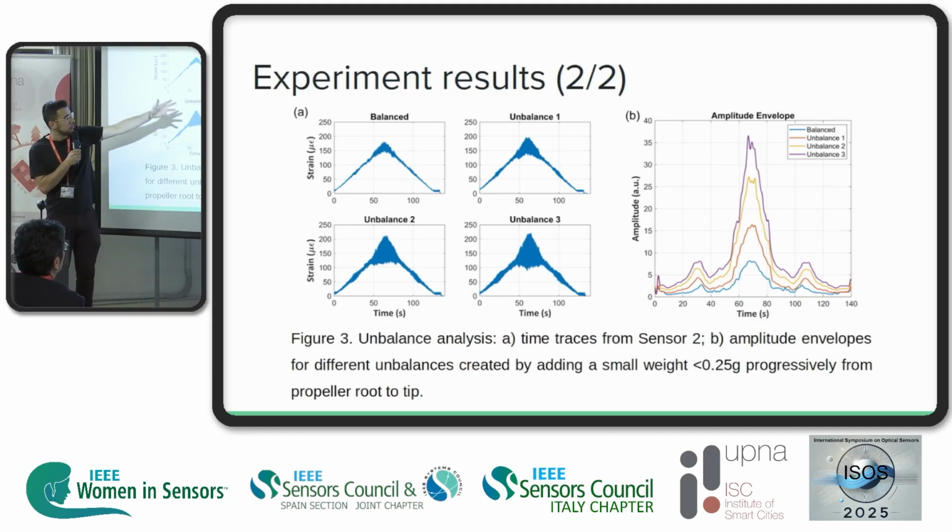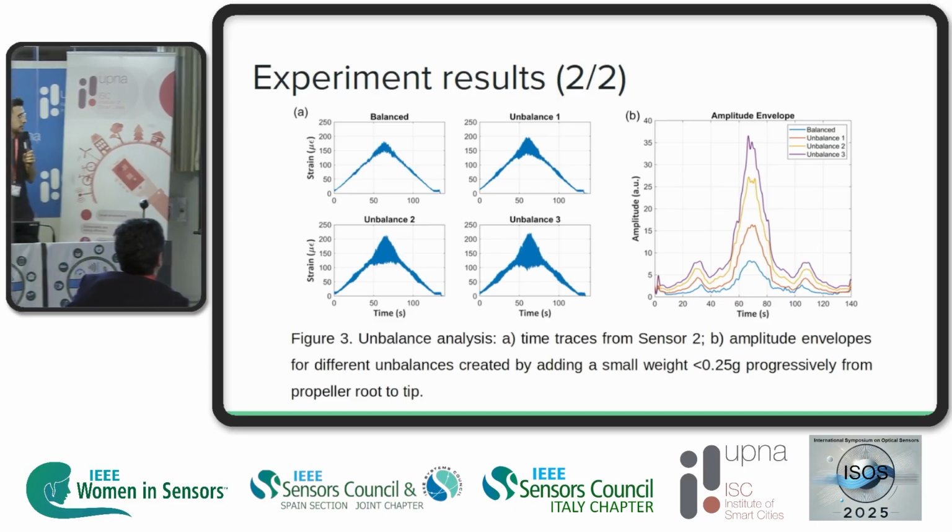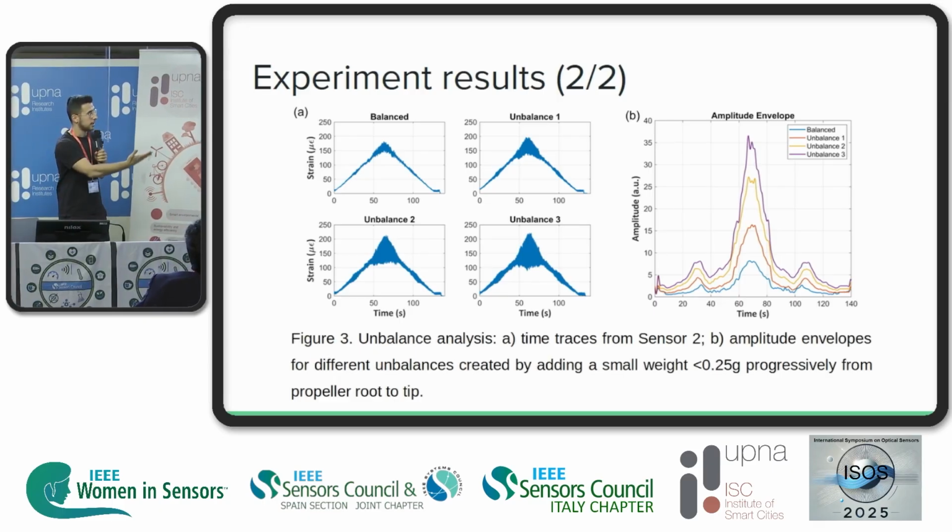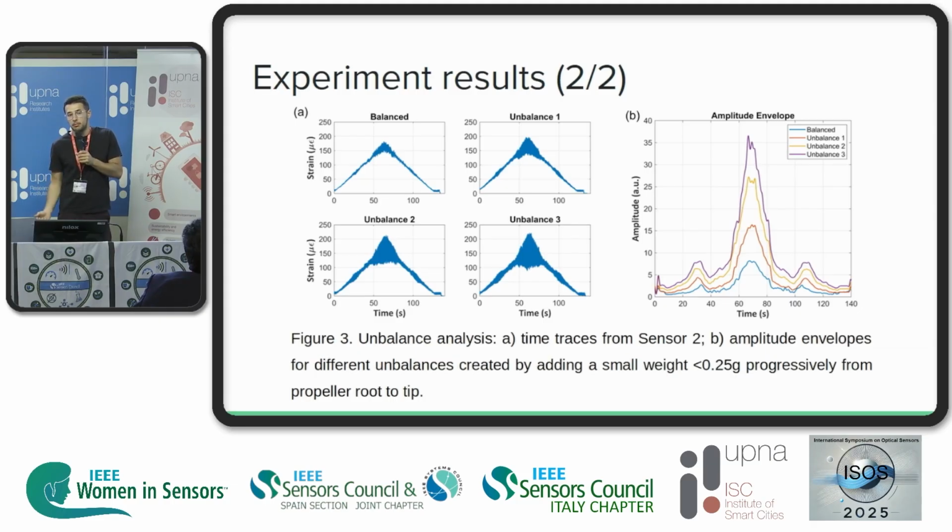And as you can see, we can associate the position of the duct tape with the amplitude of the vibrations that we read, which means that effectively we can measure how imbalanced this propeller is, or maybe even where the duct tape or the imbalance in a future damaged propeller may be.